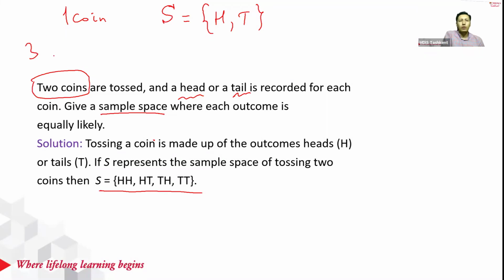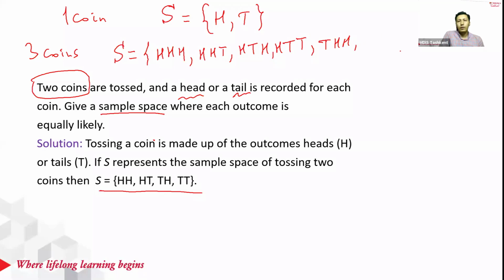If 3 coins, then you get head head head, head head tail, head tail head, head tail tail, tail head head, tail head tail, tail tail head, and tail tail tail.